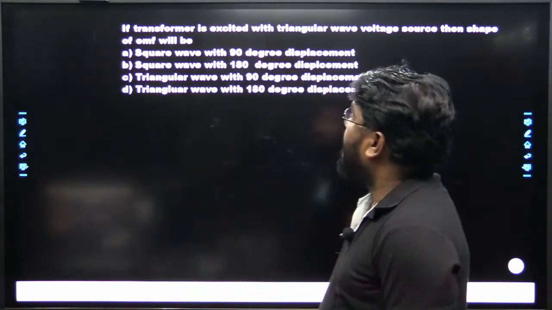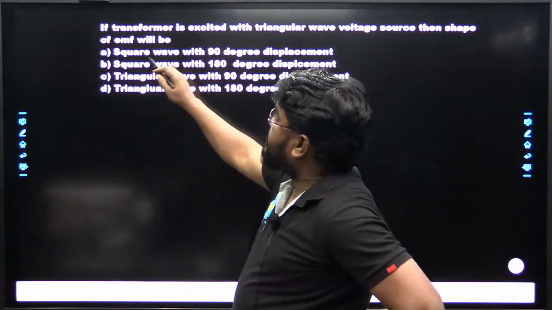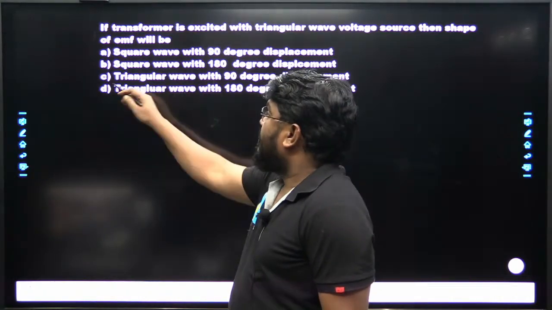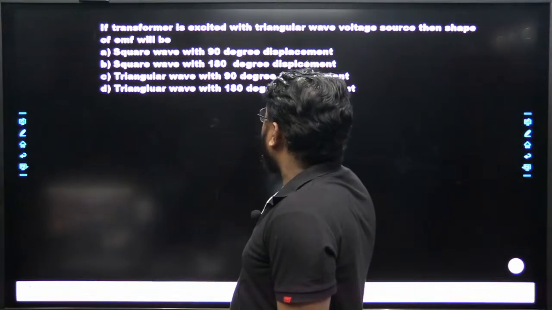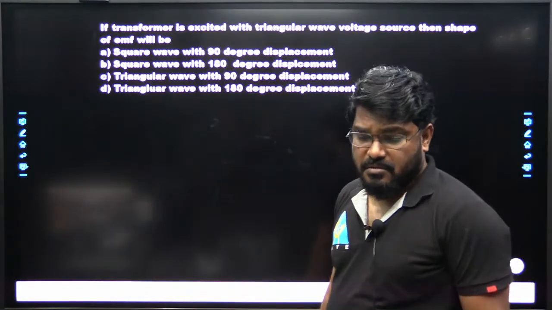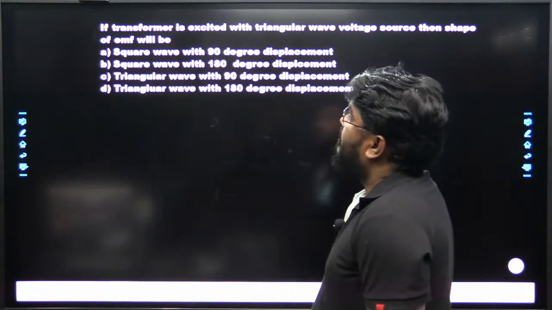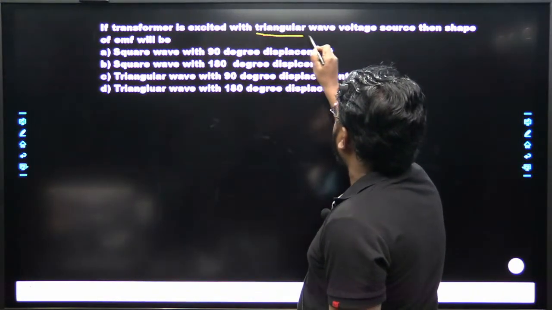Yes, option B, square wave. We have two options with square wave, 90-degree and 180-degree displacement, and two options with triangular wave, 90-degree and 180-degree displacement. Here it is given that the supply voltage Vs is a triangular wave.